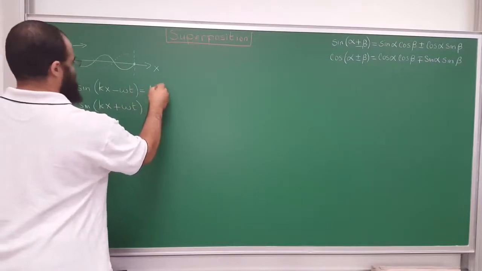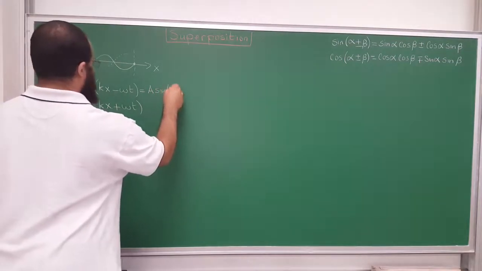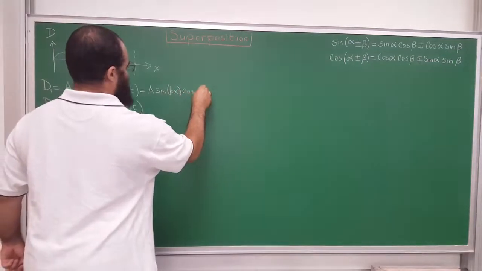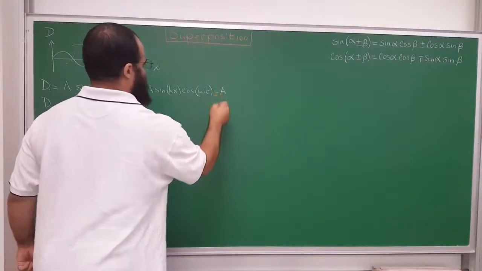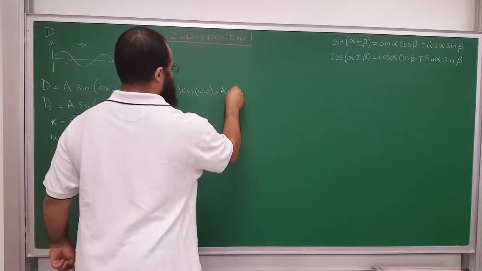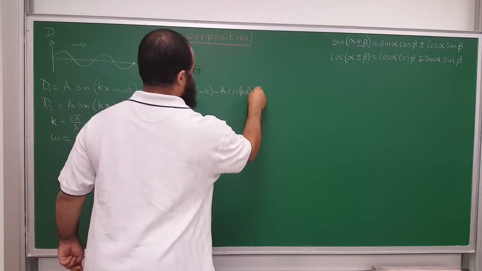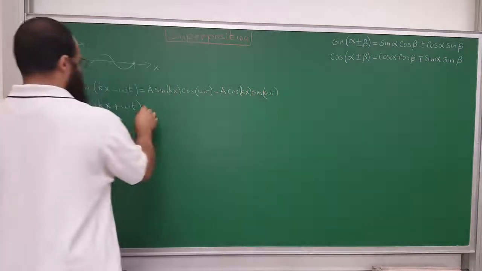So I would have a times the sine of kx times the cosine of omega t, and then minus a times the cosine of kx times the sine of omega t. And I'm going to do the same thing here.